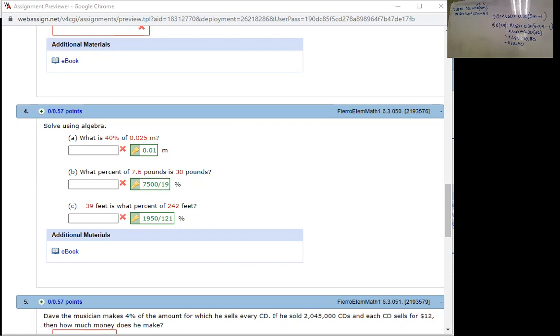And if I combine like terms, $1.60 minus 30 cents, this will equal $1.30 plus 1.5M.